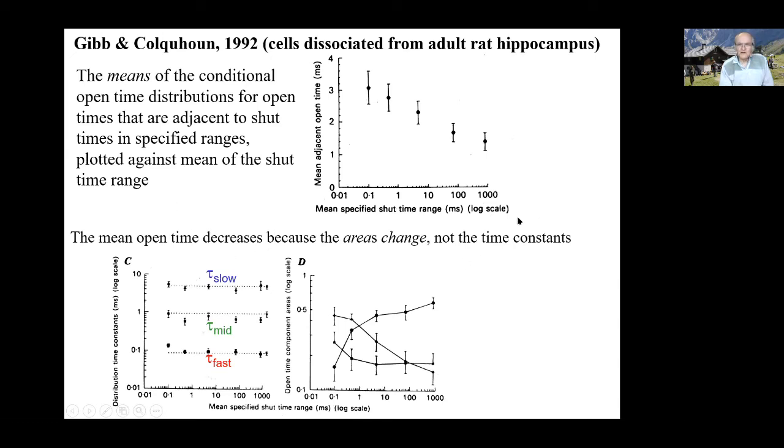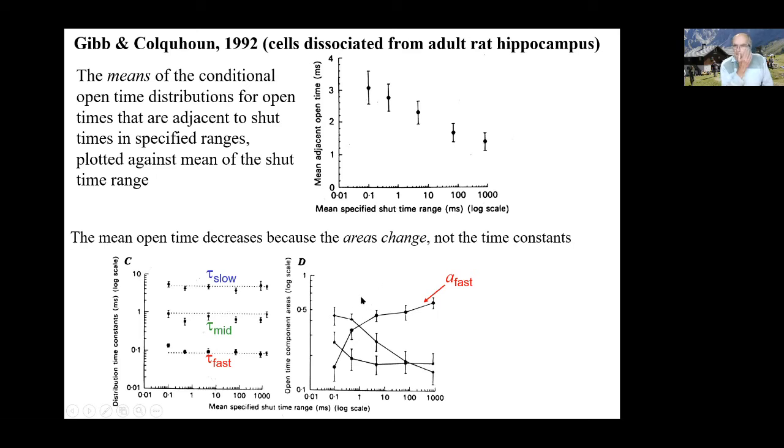But we also observed that in this case, the open times could be fitted with the sum of 3 exponential components with time constants tau slow, tau middle, and tau fast, and that these time constants were the same regardless of the adjacent shut time. What differed between these various open times was the areas of the components.